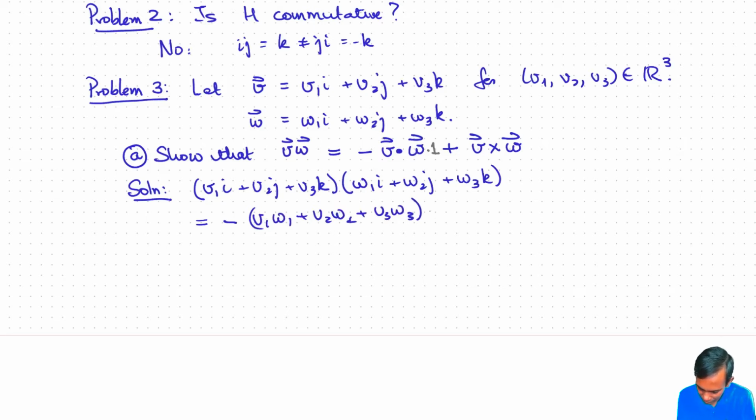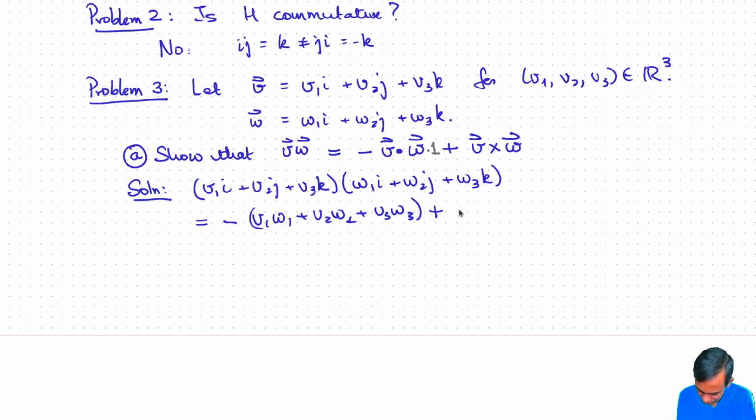And then what's the coefficient of i? How many ways can I get i? I can get i as j times k, taking j in the first factor and k in the second factor, or I can get i as the negative of k times j.